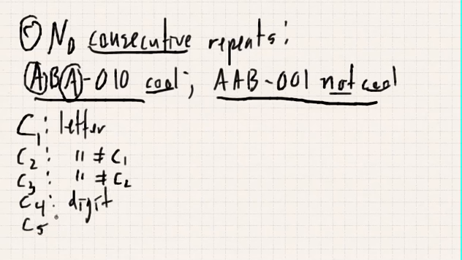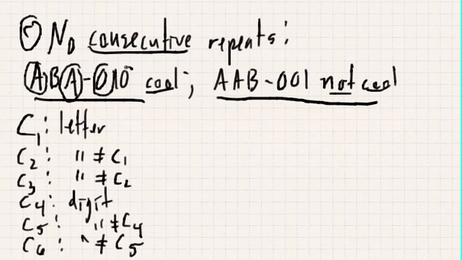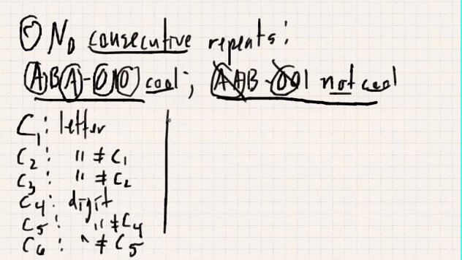The second digit could be any digit except for C4. And the sixth character, the third digit, could be any digit except for C5. It could be equal to C4, but it can't be equal to C5. Okay, so this is bad, this is bad, this is good.